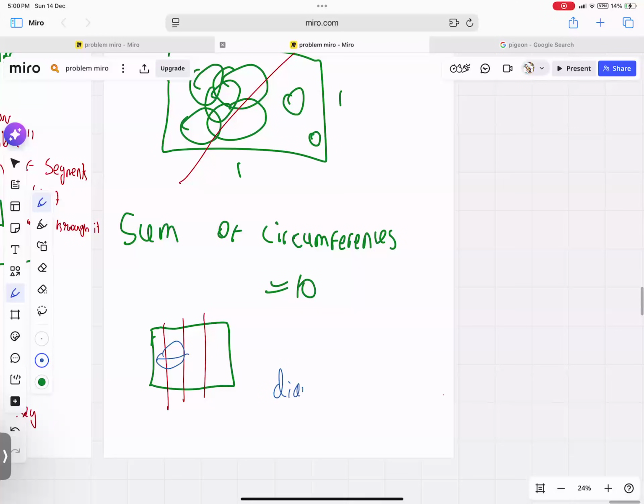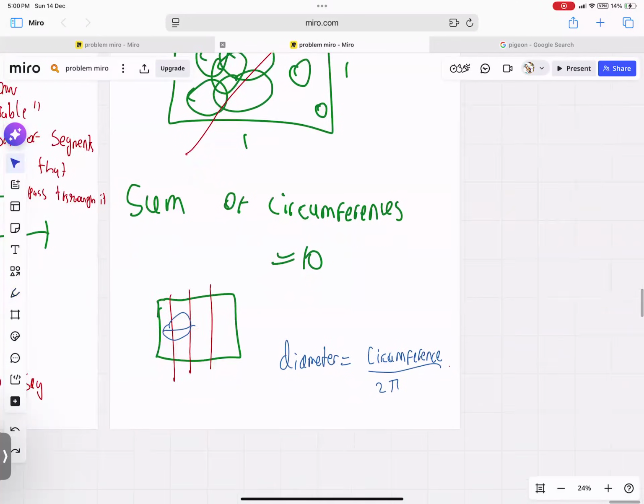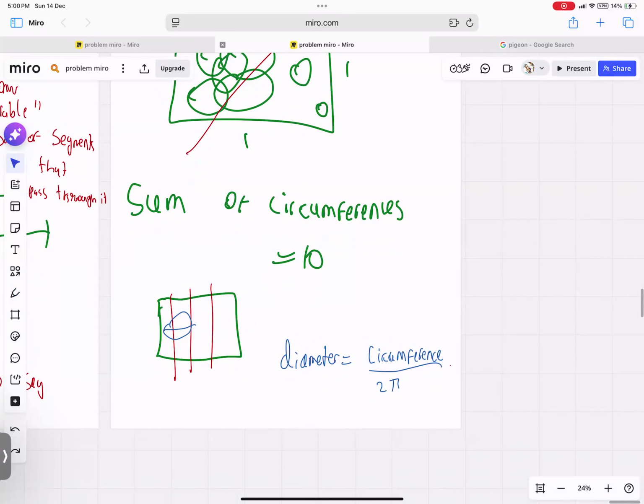Now the diameter is equal to the circumference divided by tau, or 2 pi, so the sum of the diameters is 10 by 2 pi. So we have a bunch of horizontal diameters with sum of lengths 10 by 2 pi. It's practically just the previous problem.